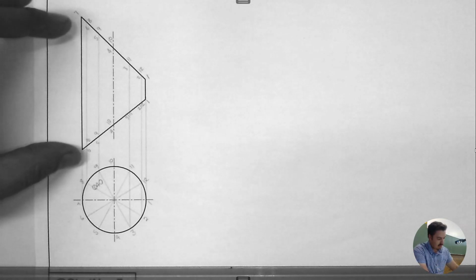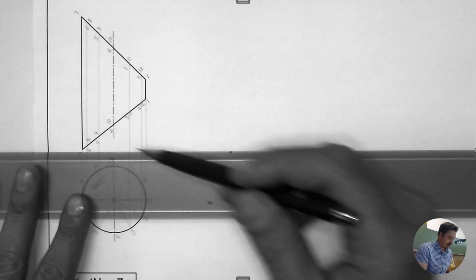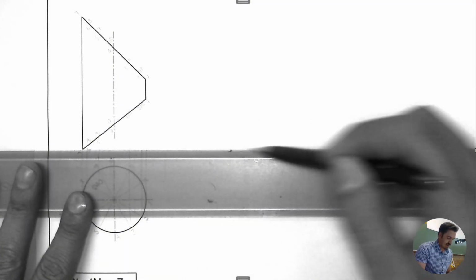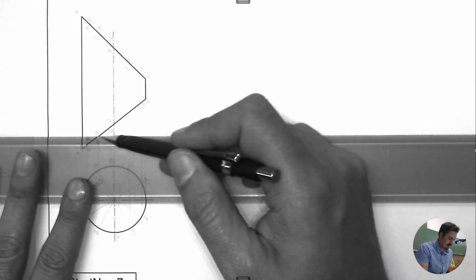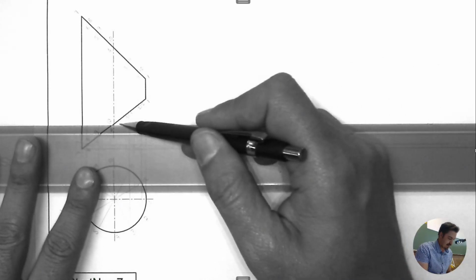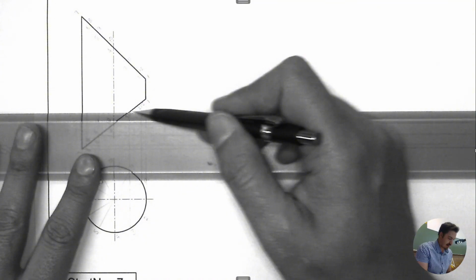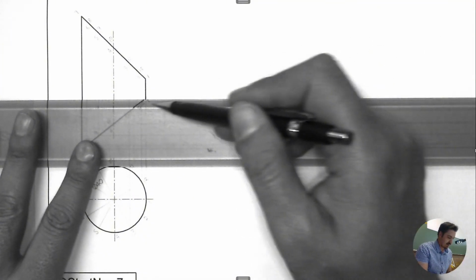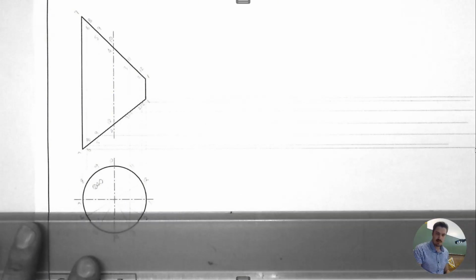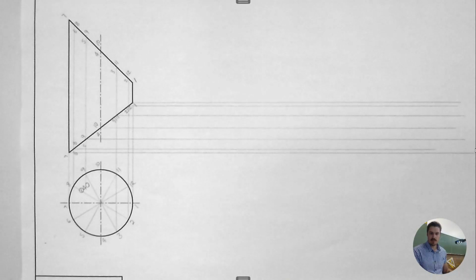So projecting all of these points across is going to look like this. From the bottom it's 7, then it's 6 and 8, 5 and 9, 4 and 10, 3 and 11, 2 and 12, and 1. So you'll have something that looks like this.